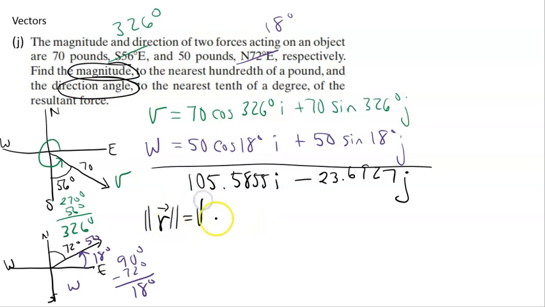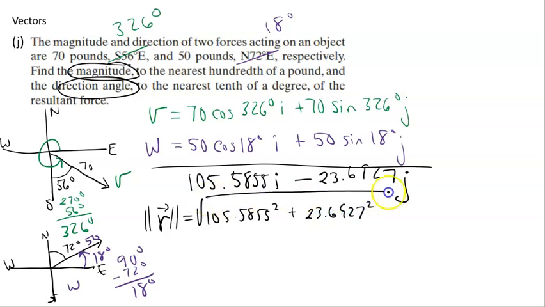It's going to be the square root of 105.5855 squared plus 23.6927 squared, all underneath the square root. So the magnitude of my resultant vector, in my calculator, I have 108.2110883. Remember, that was in pounds.